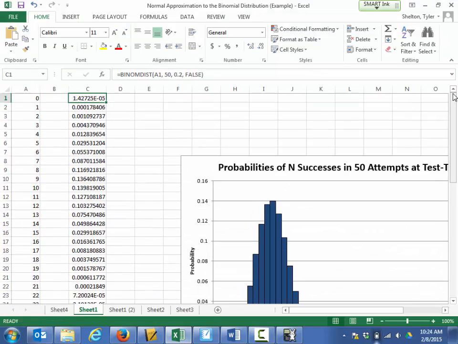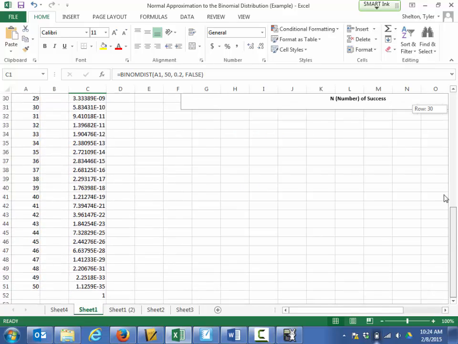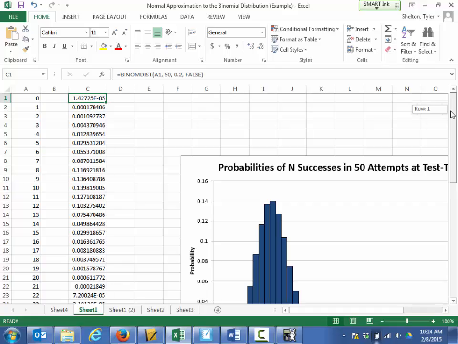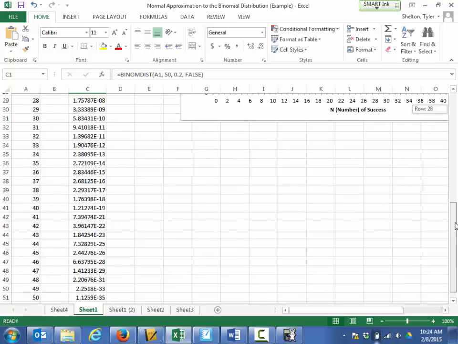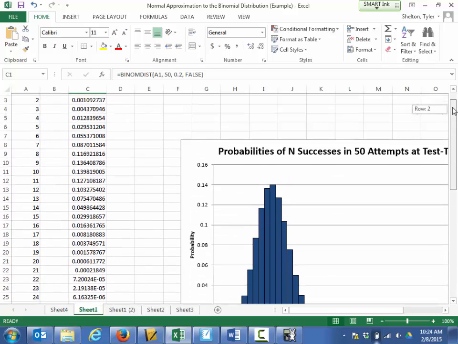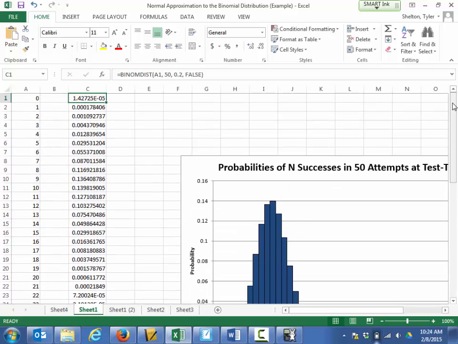Let's go to an Excel file here that I've set up. Oh, excuse me, my sinuses. Sheesh. What I've done in this Excel file, in sheet 1, I'll scroll through and you can see there are 50 different rows on the right-hand side. And what I'm going to show you here is how we get to that normal approximation of the binomial distribution.